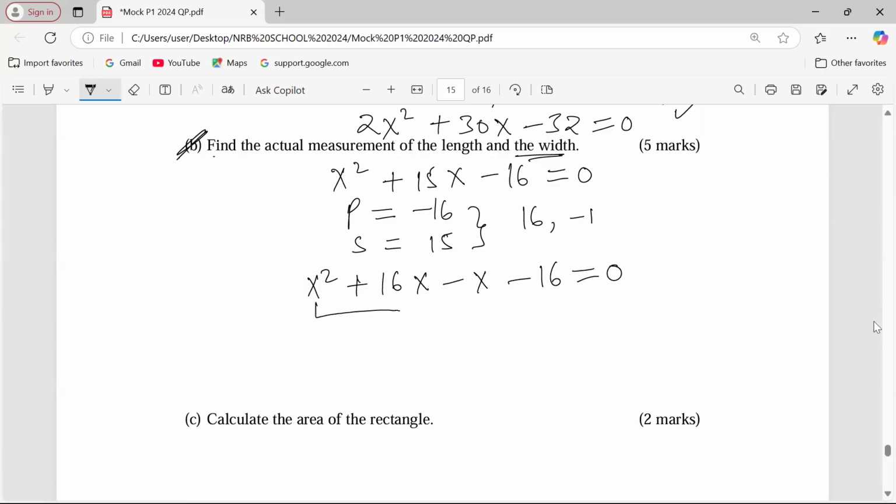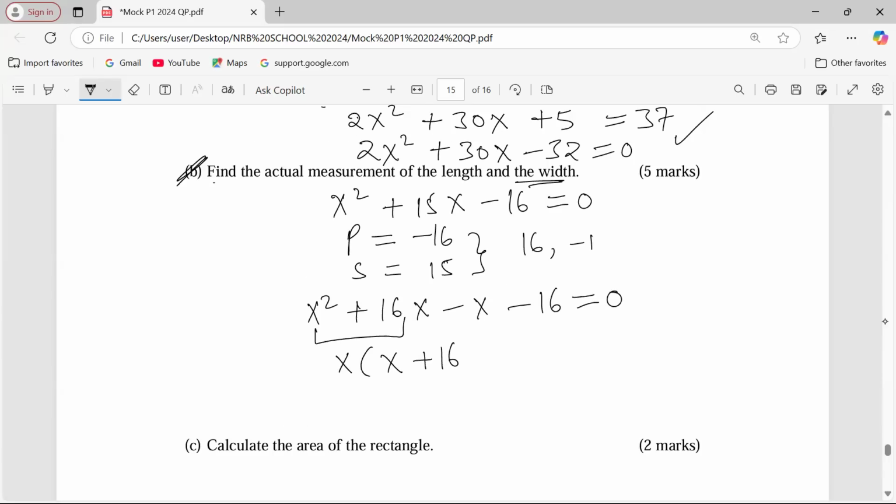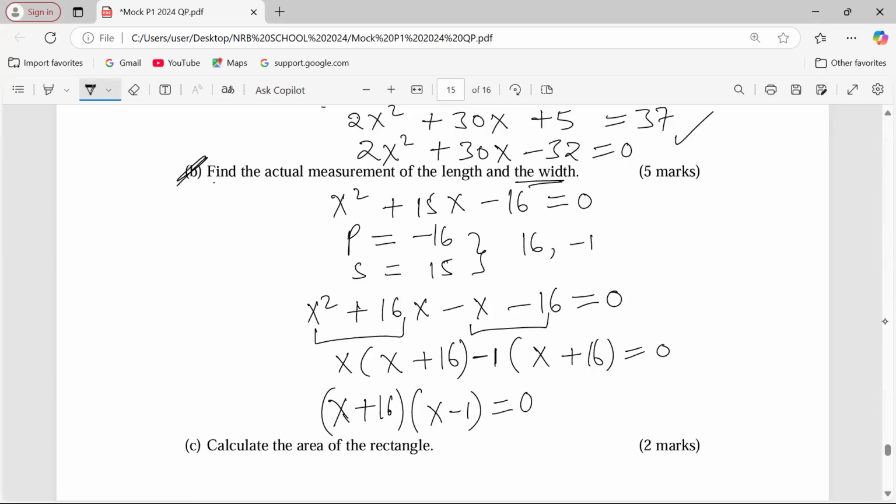From the first two, we factorize x to remain with x plus 16. And in the last two, we also factorize a negative 1, so that will remain with x plus 16, giving us 0. From the brackets, x plus 16. Outside the brackets, x minus 1. This is equal to 0.